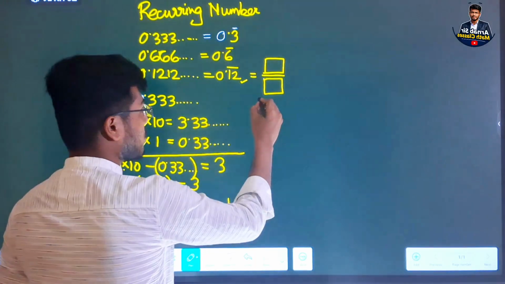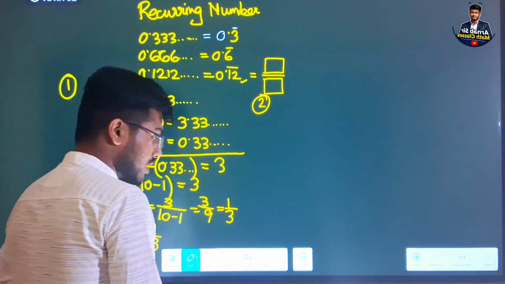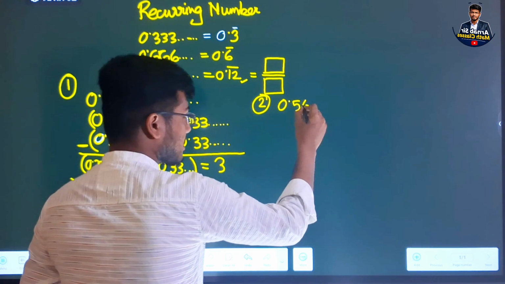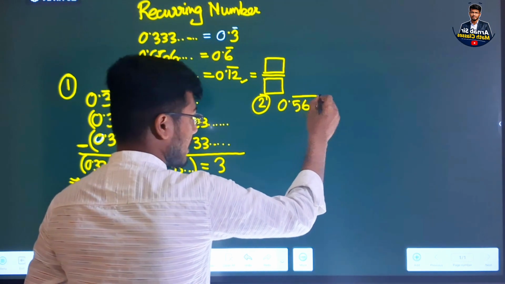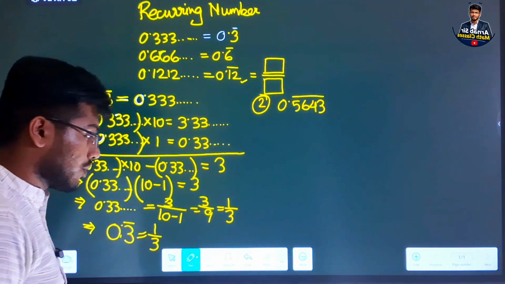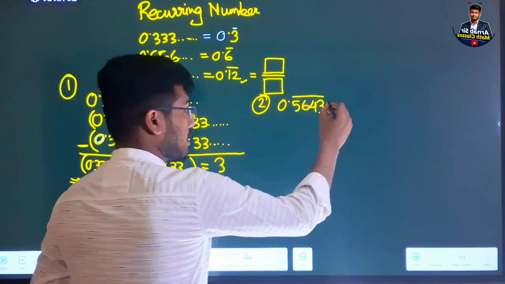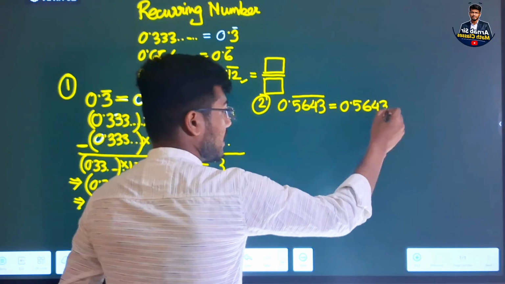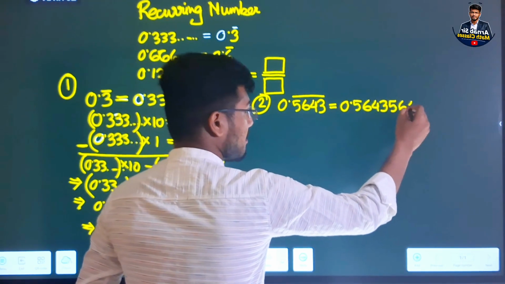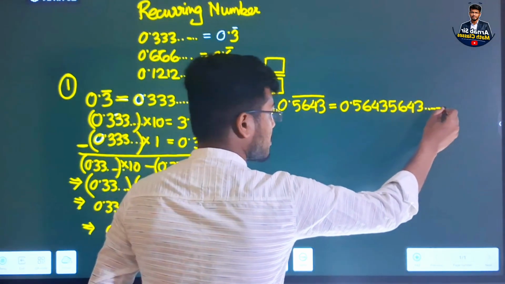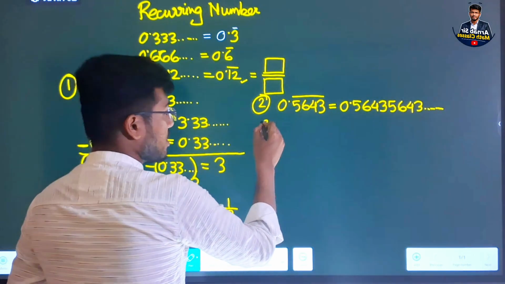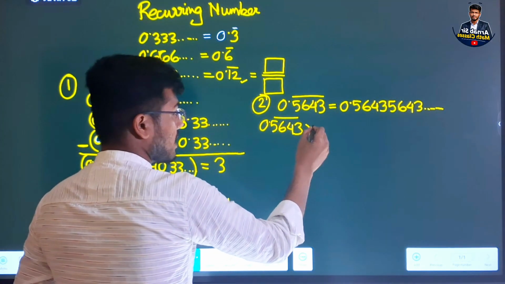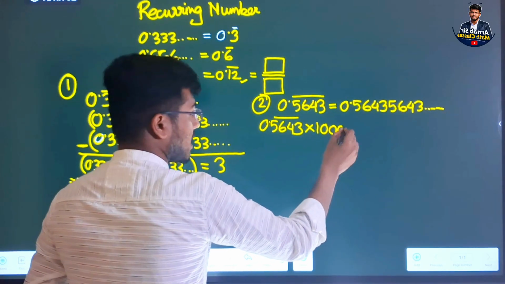Suppose example 2 is 0.5643 with the bar sign. What is the meaning of this number? It means 0.5643 repeats again an infinite number of times. At first we multiply this number by 10,000.